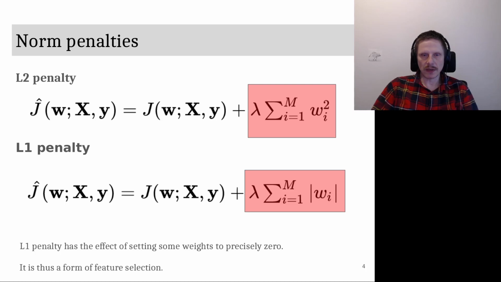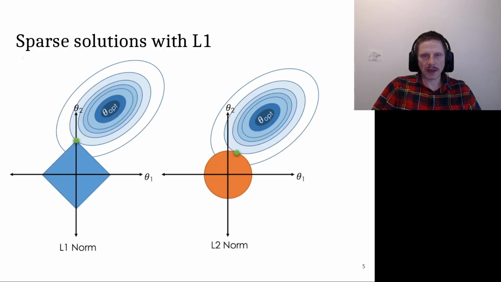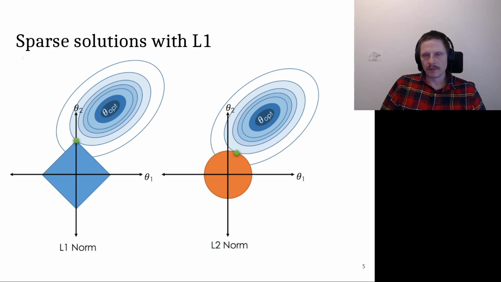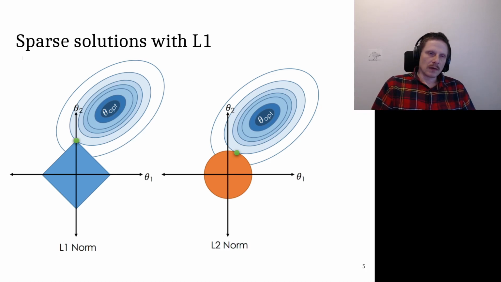So let's have a look why that would be the case with the L1 penalty. And so what we have here, these concentric circles, this indicates the shape of the objective function in the weight space.